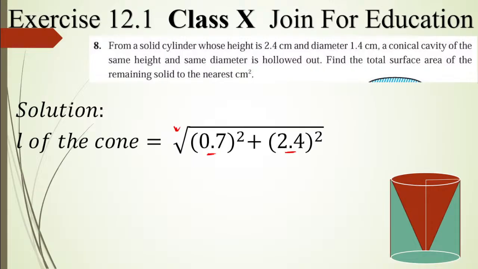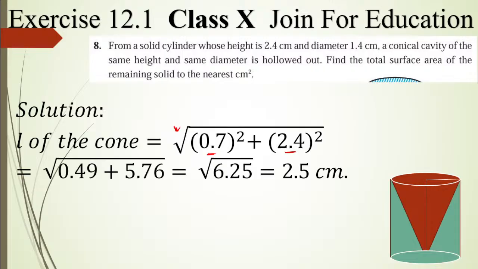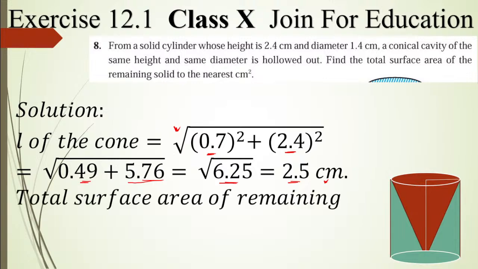The square of this one is 0.49 and the square of this one is 5.76. So after the addition we get here 6.25, and the square root of 6.25 is 2.5 centimeter. There is no problem to understand up to this step.